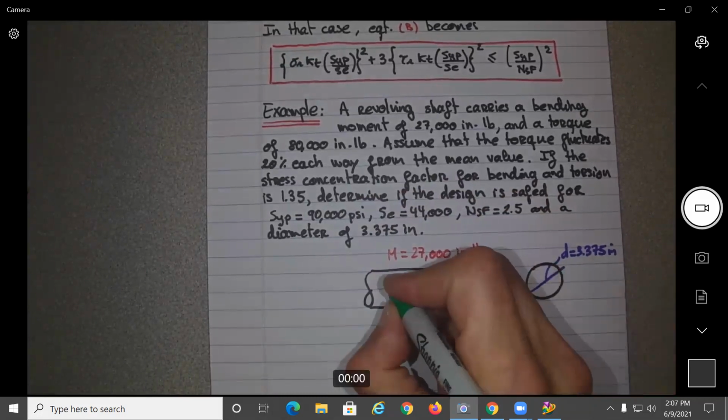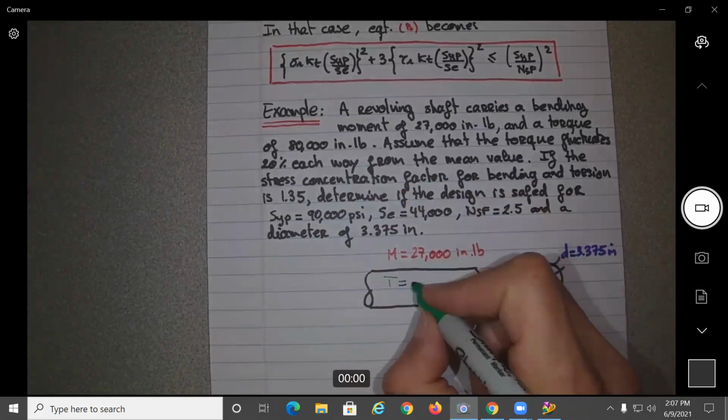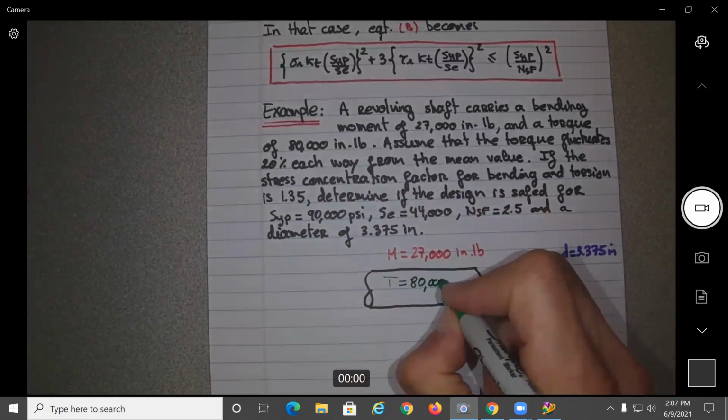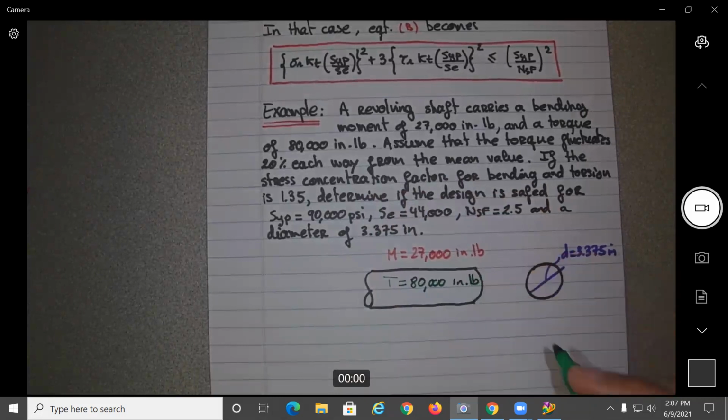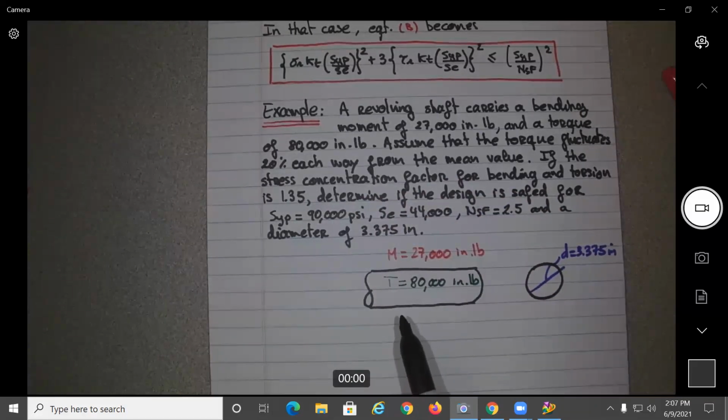We have a torque of 80,000 inch-lb. And we know that it fluctuates 40%.